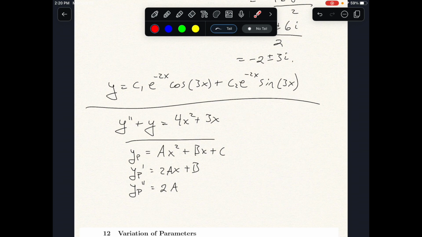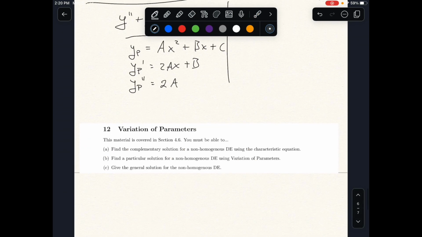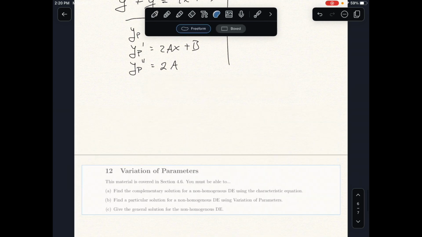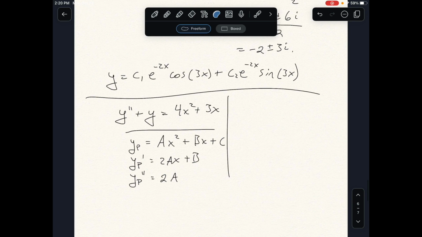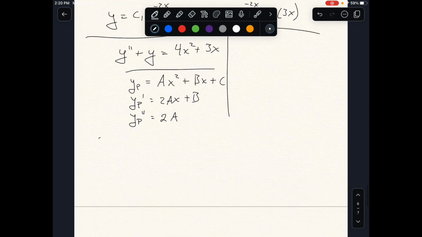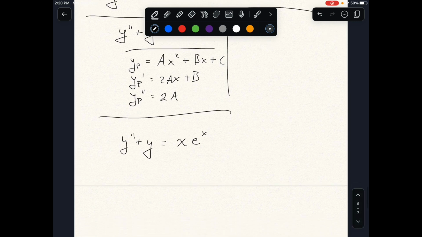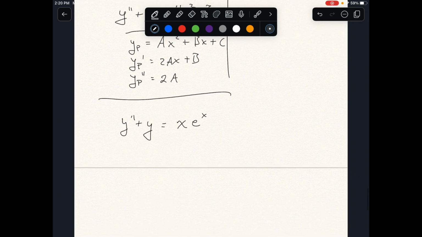Right? Where it gets more complicated is when maybe your right-hand side is something like x e to the x.